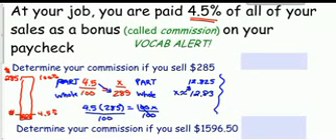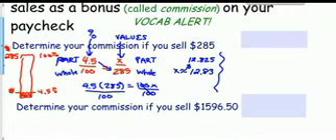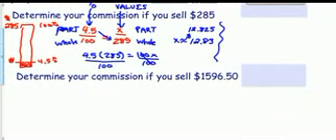Now, the method that we just used to solve this problem was what's called a proportion method, where I set up a ratio that compares my percentages and then a ratio that compares the actual values that I'm referring to, in this case, dollars. Another way that we could have solved this problem, and I'll use this other method for the next problem, is using an equation method, or the idea that a percent means a number of hundredths of your original item.